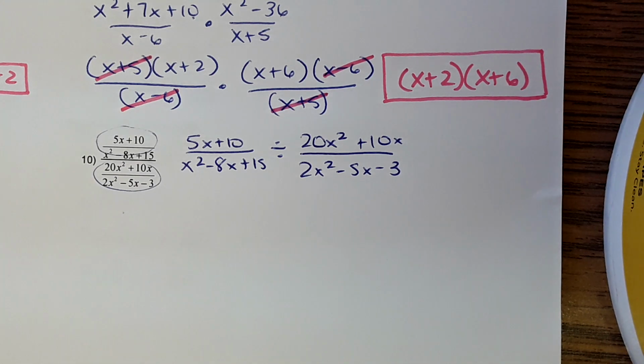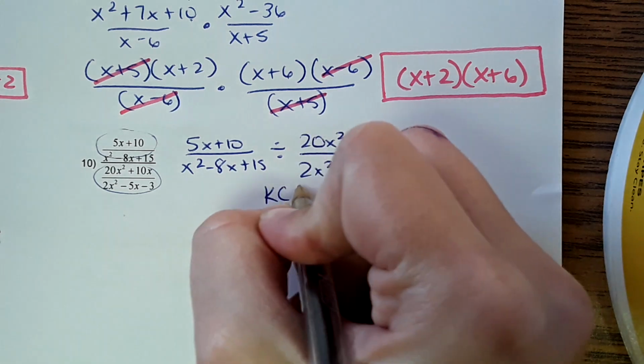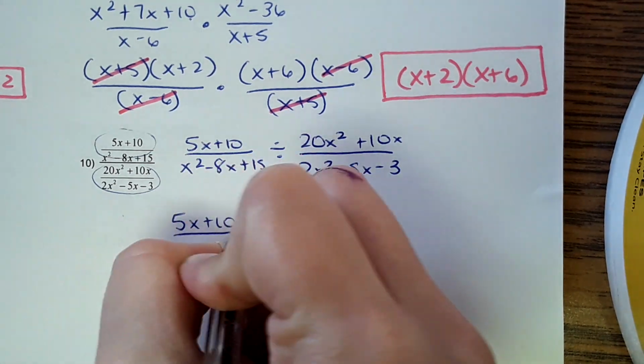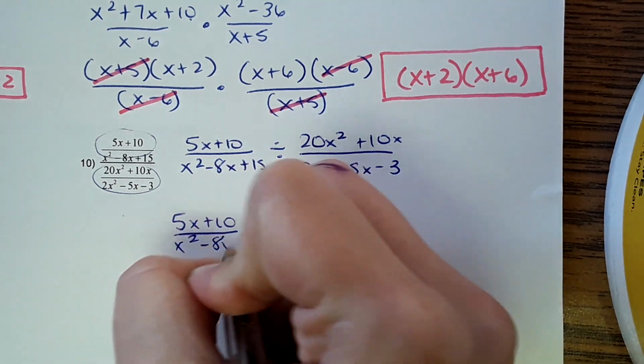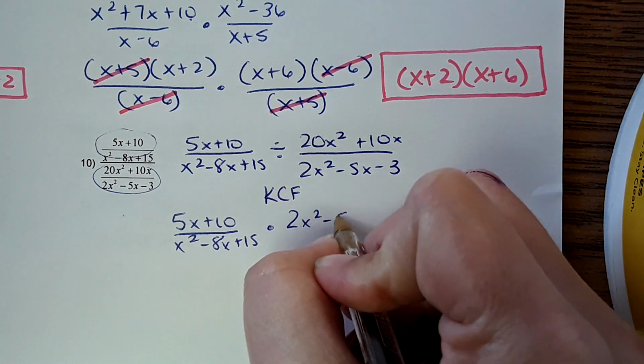And then for the division, we're going to do keep, change, flip. So keep the first one, change the sign, flip the second one.